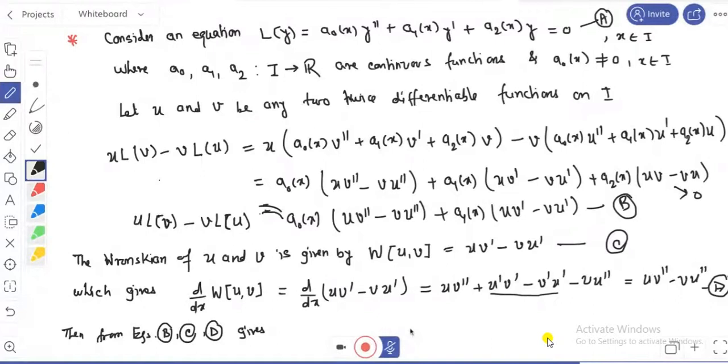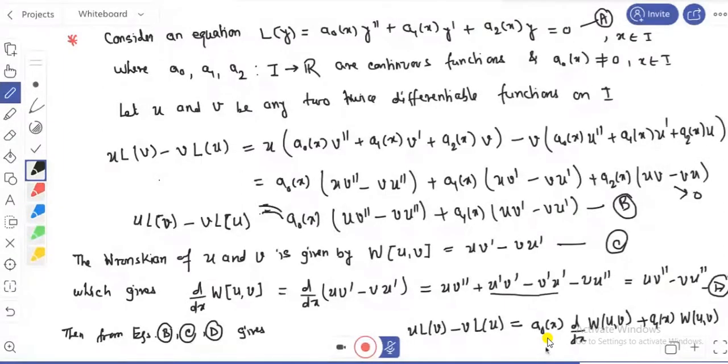u Lv minus v Lu equals a0(x) d/dx of the Wronskian W(u, v) plus a1(x) times the Wronskian W(u, v).